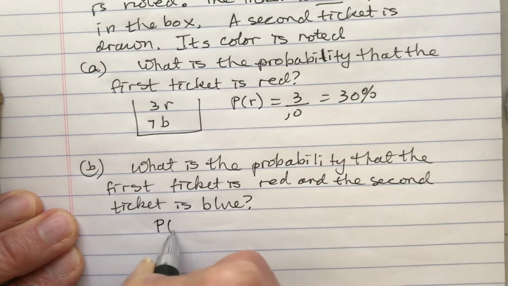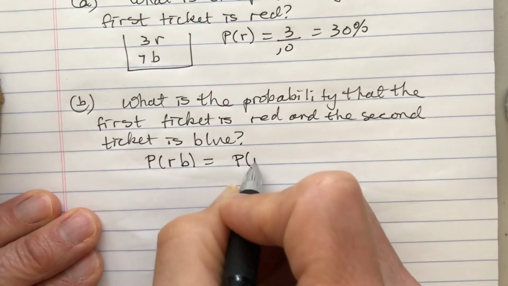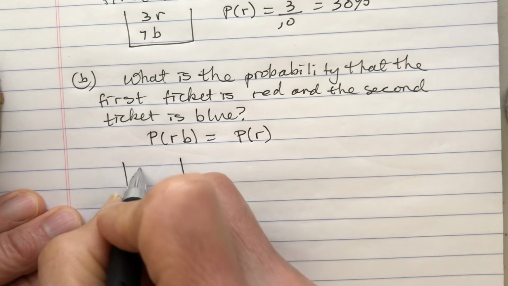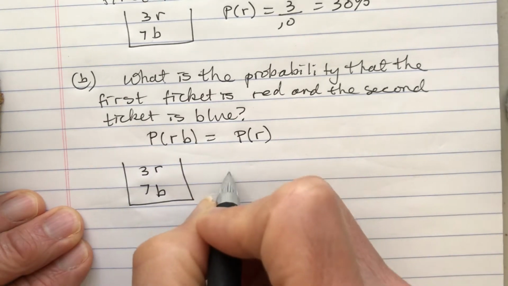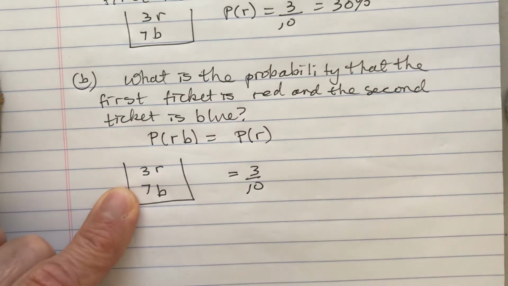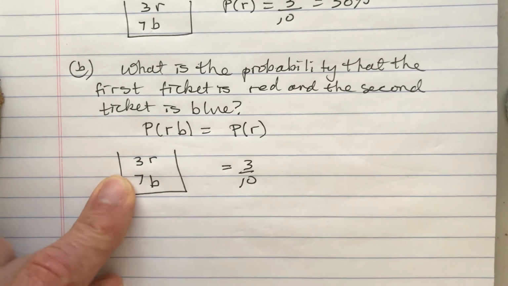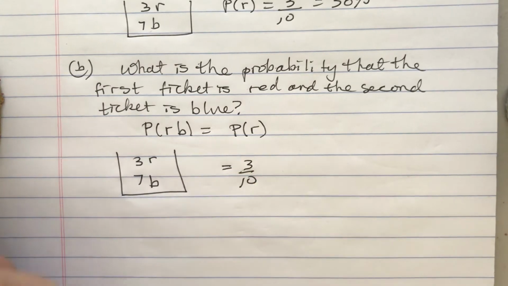So we're talking about probability red then blue. Well, you pick the first one, and we have 3 red, 7 blue. So the probability of red is 3 out of 10. So 3 out of 10 times you're going to get a red marble in the long run. If you did it over and over, your average of reds would be about 3 out of 10, 30%.